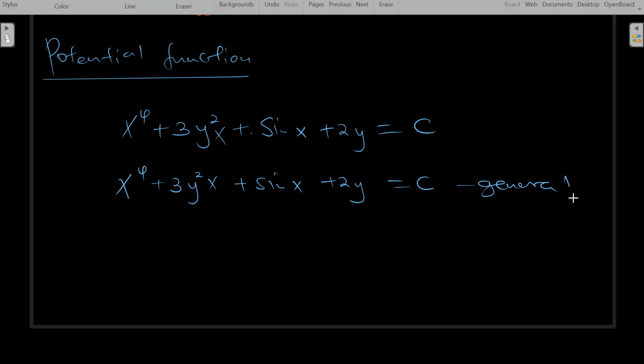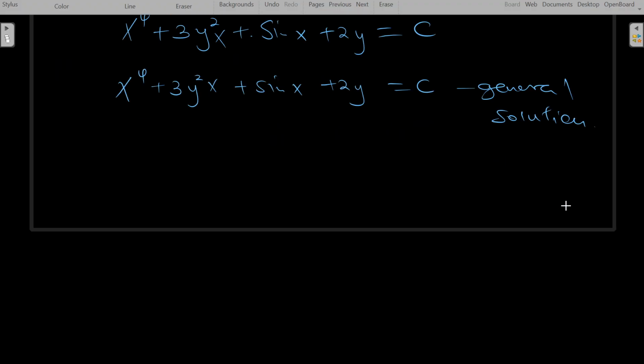If we have our initial condition, we are able to get our potential function. So we get our potential function if we have a general solution.